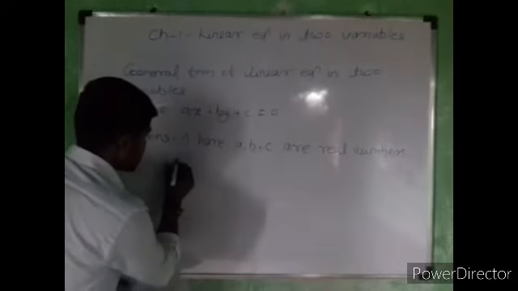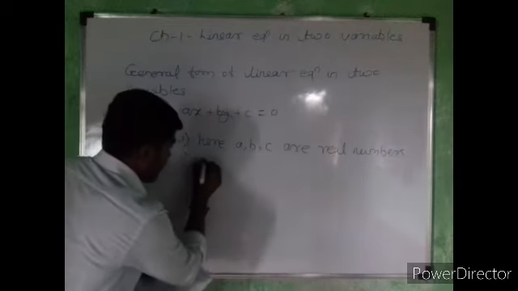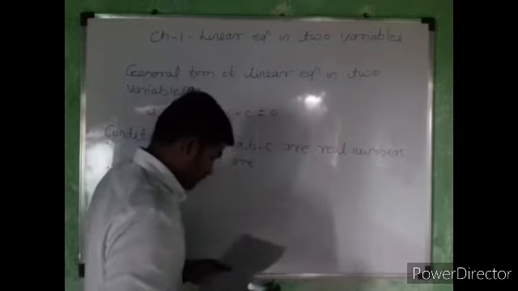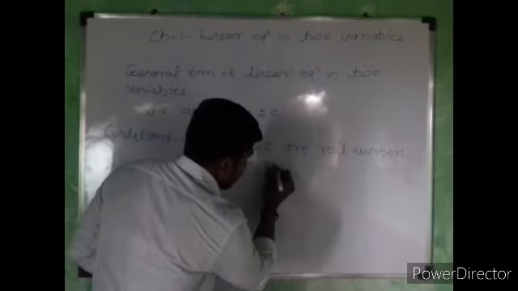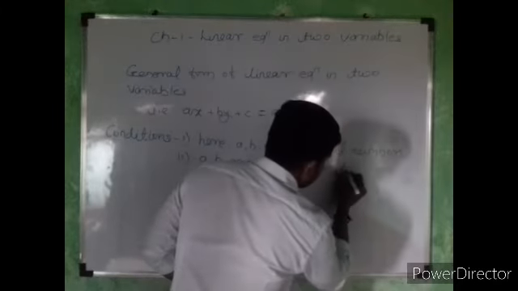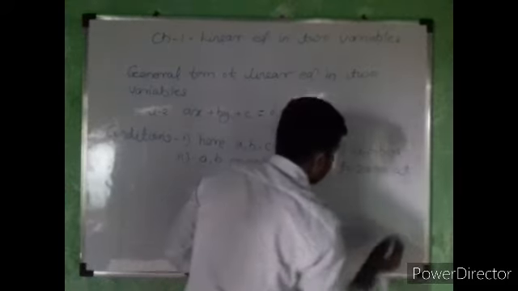And the second one is a and b are not equal to 0 at same time.